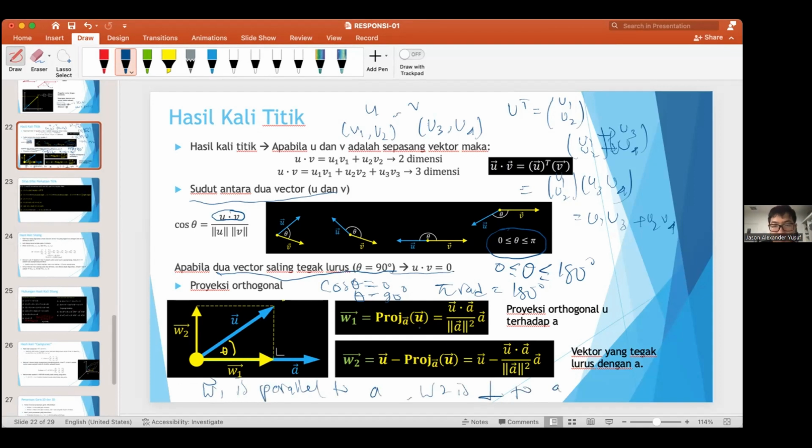So this is how you find W1 and W2. Okay.